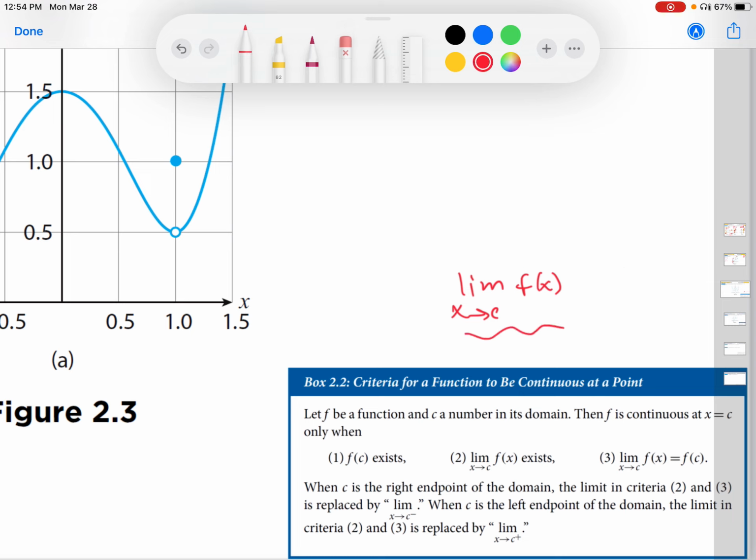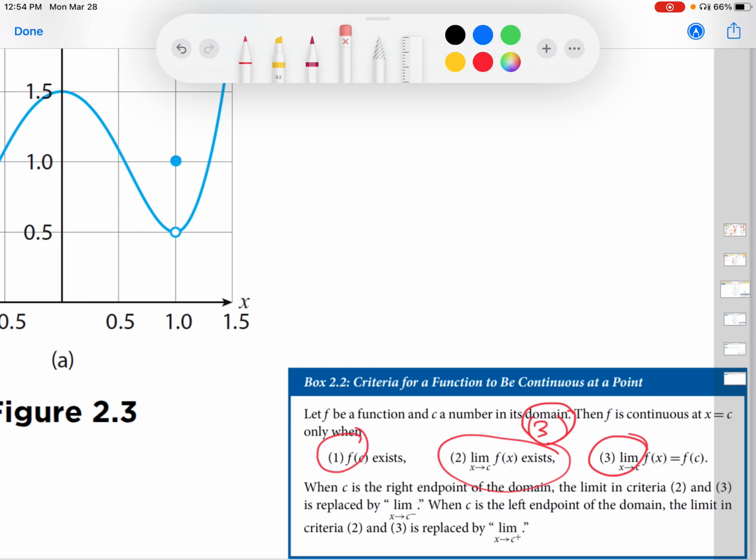We're going to need that because that's a second criterion here. So we're going to have to remember that this is itself a three-part check. So really, if you're using the definition of continuity to figure out whether a function is continuous at a point, you have 3, 4, 5 things to check. And it sounds like a lot, but it'll actually go fairly quickly.